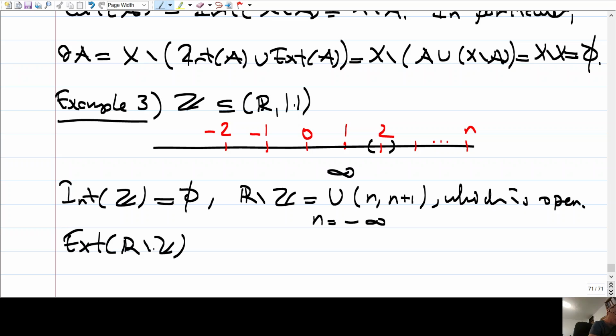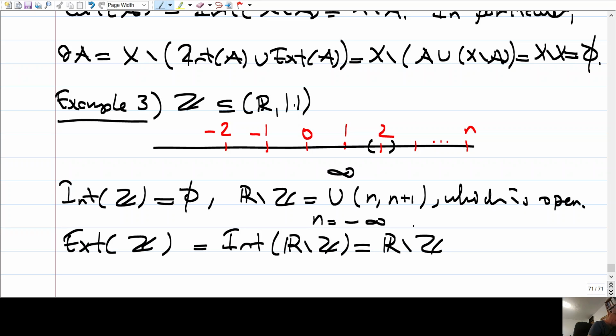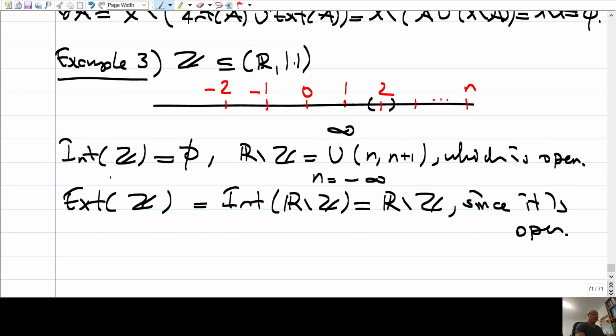So the exterior of Z, which is the interior of R minus Z, is R minus Z because it is open. So the interior is empty, and the exterior is R minus Z.